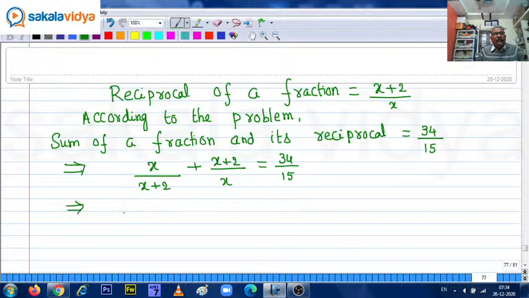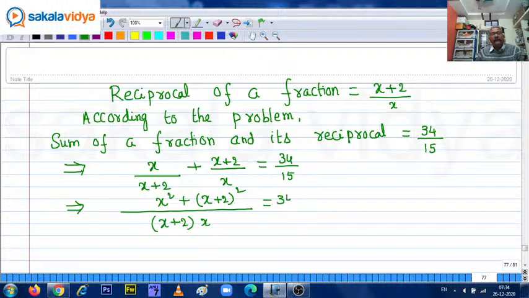Now here we need to take the LCM, x plus 2 times x. Now dividing, x plus 2 into x by x plus 2, the x plus 2 cancels. Now x into x is x square, plus, if you divide x plus 2 into x by x, x plus 2 into x plus 2, x plus 2 whole square, upon 34 by 15.